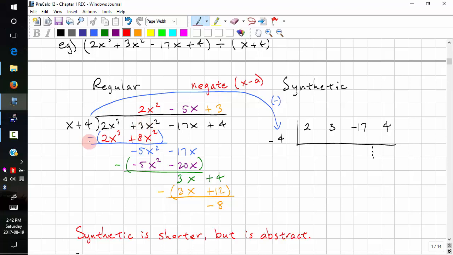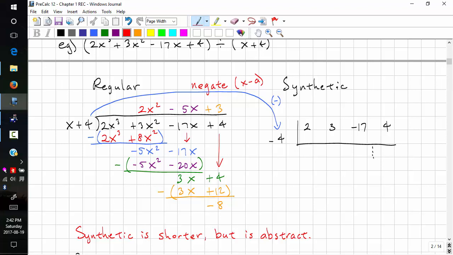This time, the negative sign needs to be distributed in. This is an actual minus, so it's 3x squared minus 8x squared. That's negative 5x squared. We bring down the 17x, and we repeat. And we bring down a 4, and we repeat, and we get a remainder of negative 8.